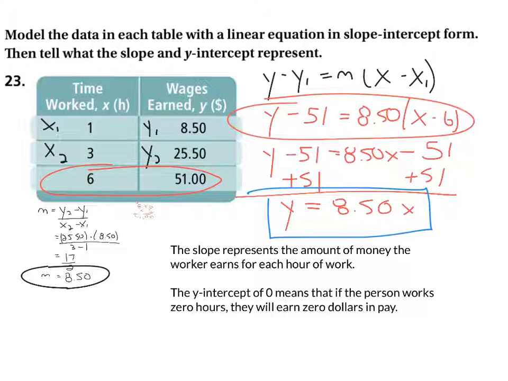Anyhow, that's how you do it. You can find the change in y over the change in x by picking any 2 data points in x and y, and using this slope formula to calculate the slope.